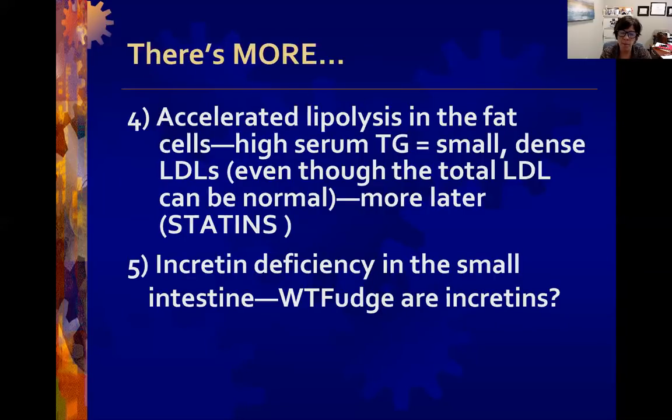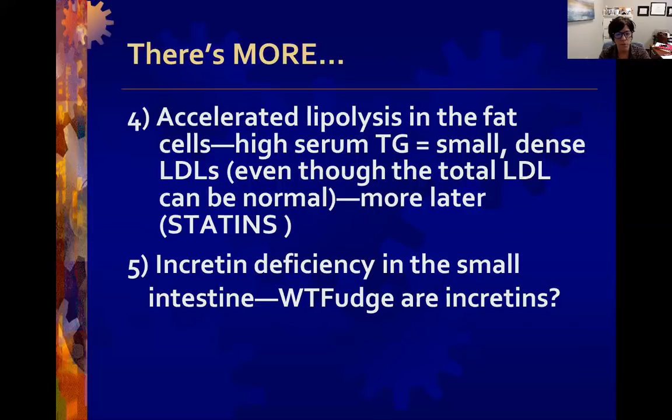And what happens in diabetics is their LDLs are small and dense. So that means they smack right up on the arterial wall and they cause patients to have issues with heart disease. So again, next lecture we'll talk more about statins, but just to give you a little preview, get you a little excited for next week.